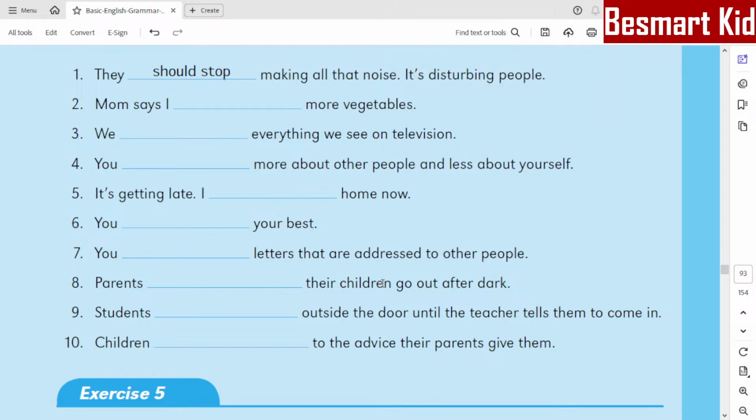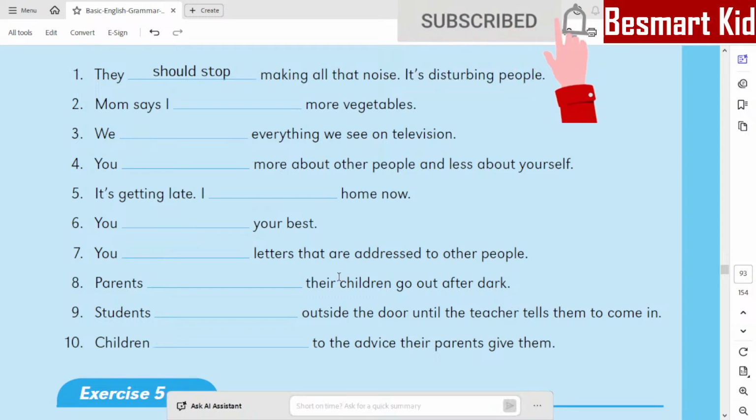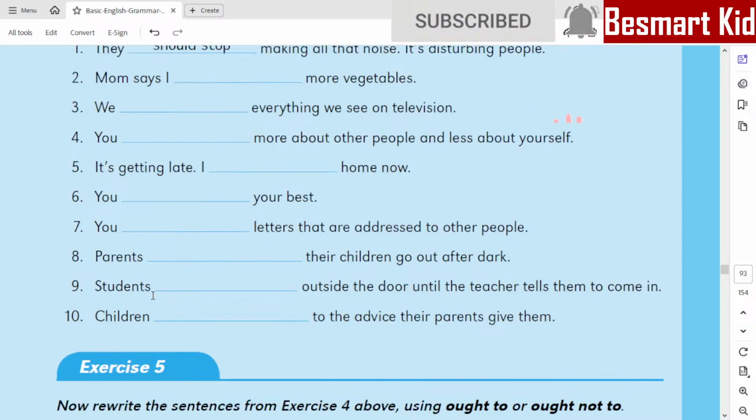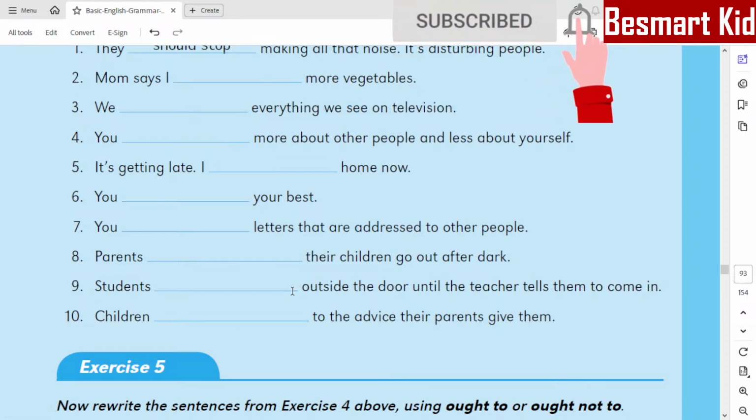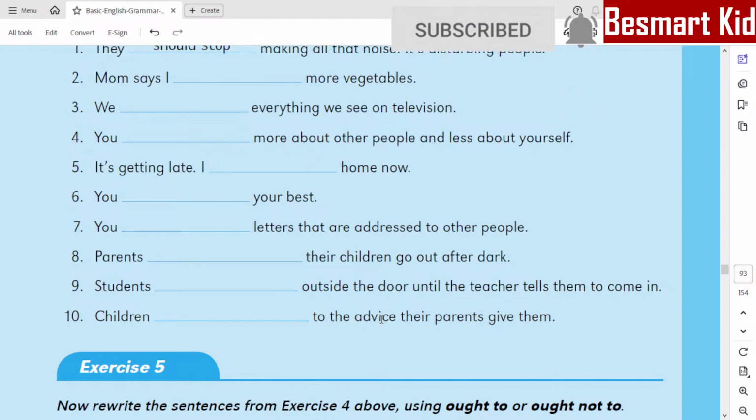Parents dash their children go out after dark. 9th, students dash outside the door until the teacher told them to come in. 10th, children dash to the advice their parents give them.